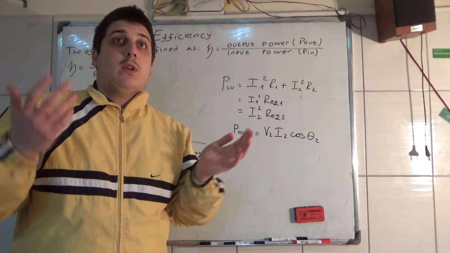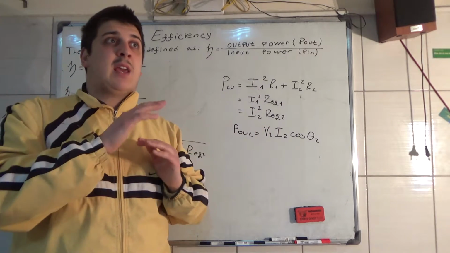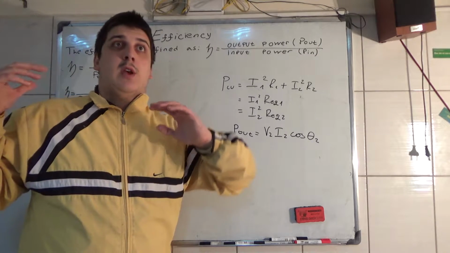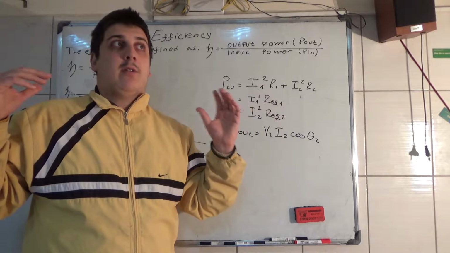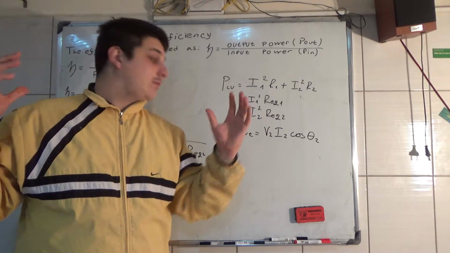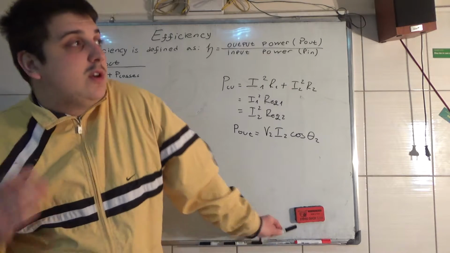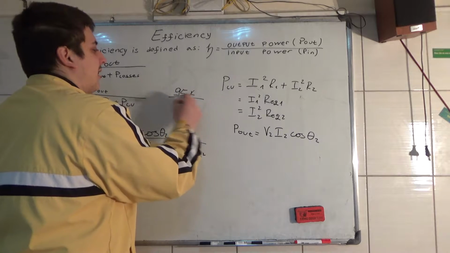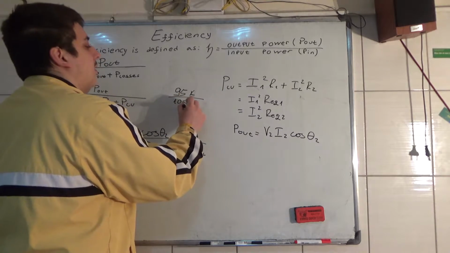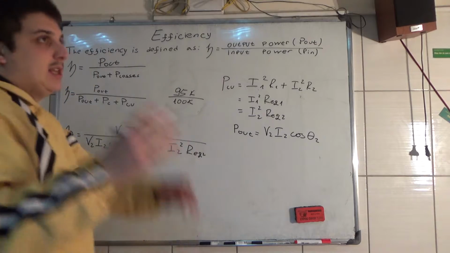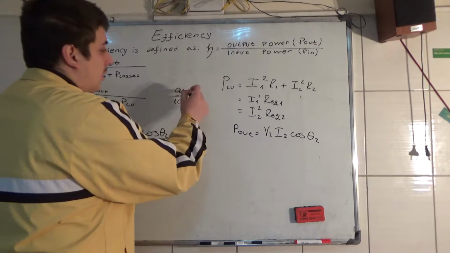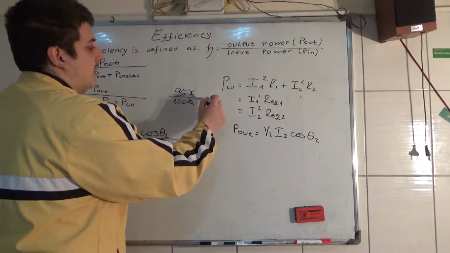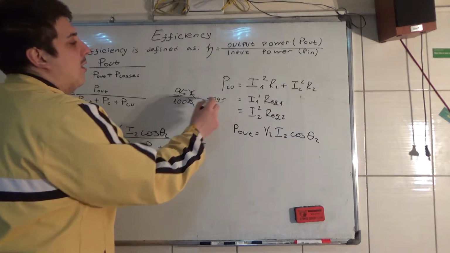So if you have 100 kilovolt ampere on the input and you have 95 kilovolt ampere on the output, you have 95 kilo divided by 100 kilo. So this cancels and you get 0.95 of efficiency.